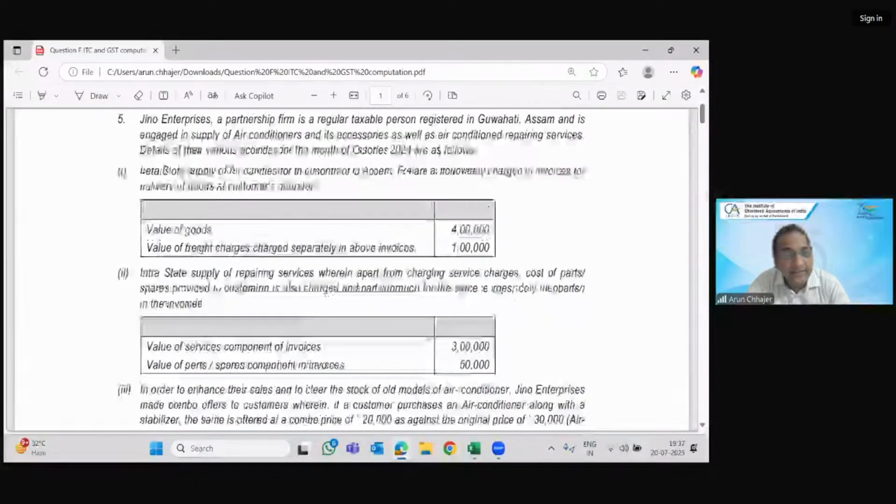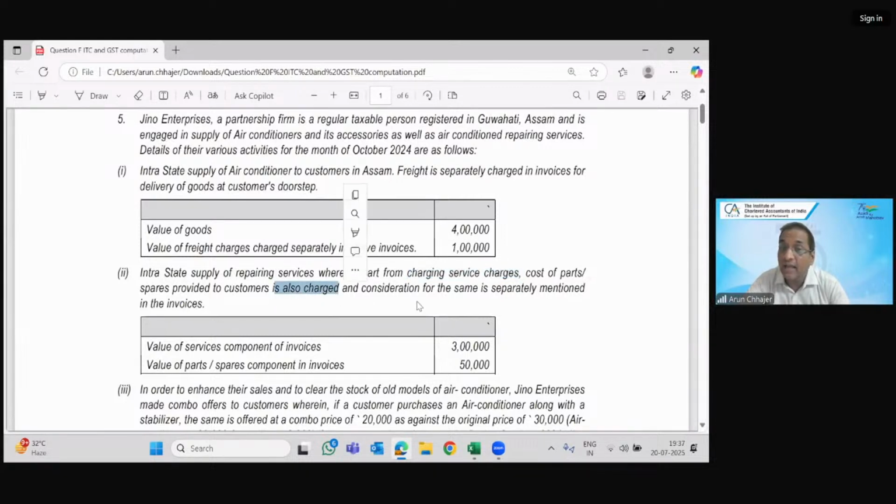Intrastate supply of repair service, where apart from charging the service charge, the cost of the part or spares provided to the customer is also charged, and the same is separately mentioned in the invoice.